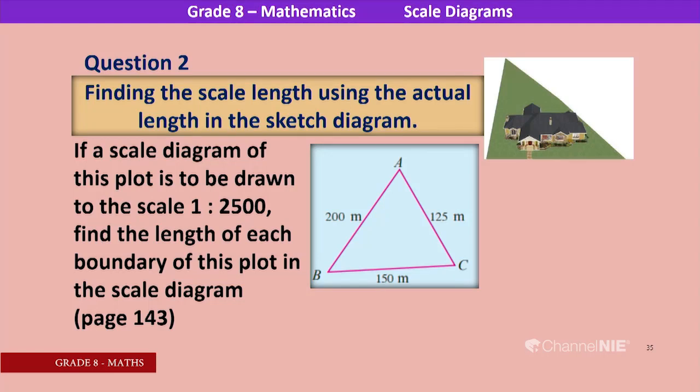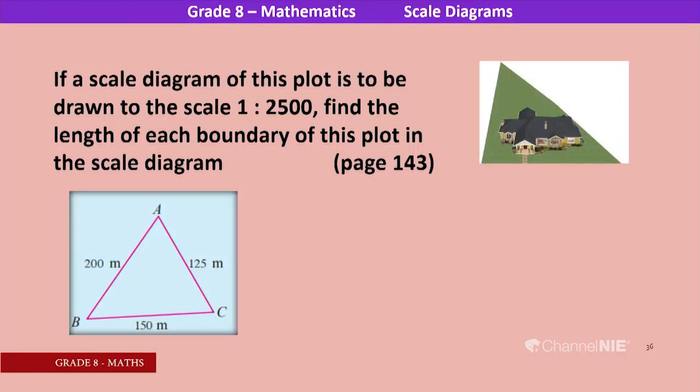In your textbook, page number 143, if a scale diagram of this plot is to be drawn to the scale 1:2500, find the length of each boundary of this plot in the scale diagram.